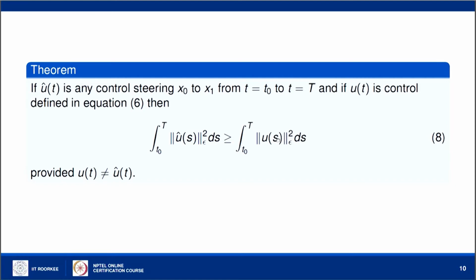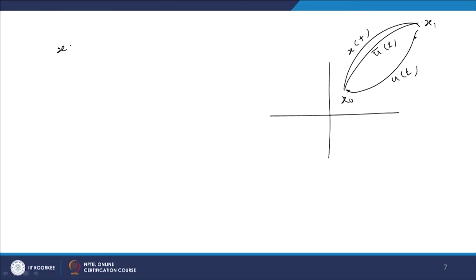Now, assume that there are two controls. The first control takes the system to phi of t0 x0 plus integral t0 to t of phi of t s B u s ds.